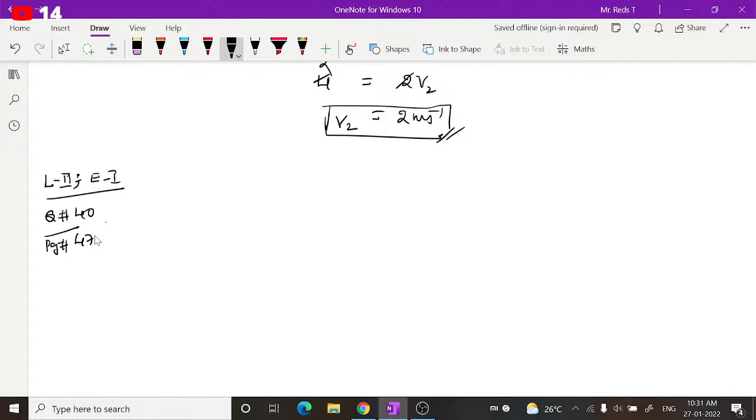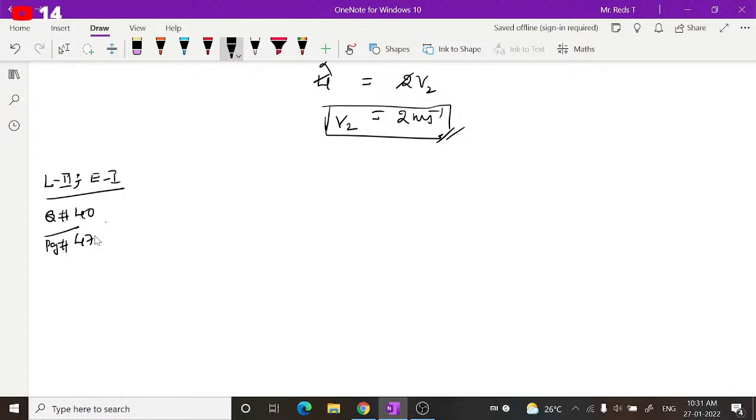In the first collision, the relative velocity of approach is twice the relative velocity of separation. Then the ratio between relative velocity of approach and relative velocity of separation in the second collision is. This is also one of the previous year's questions in one of the competitive exams.